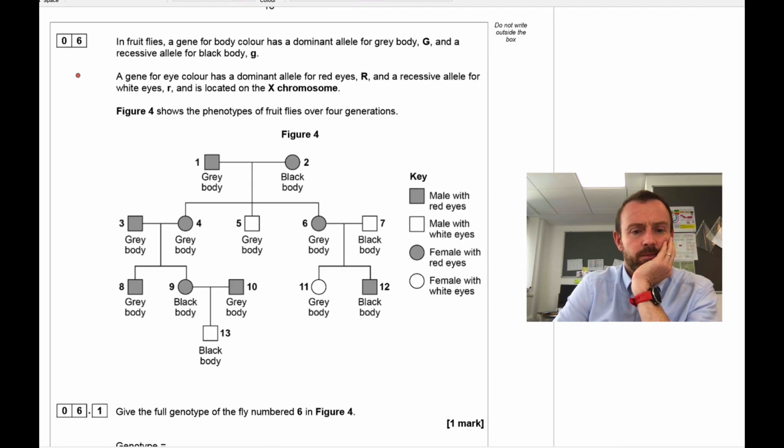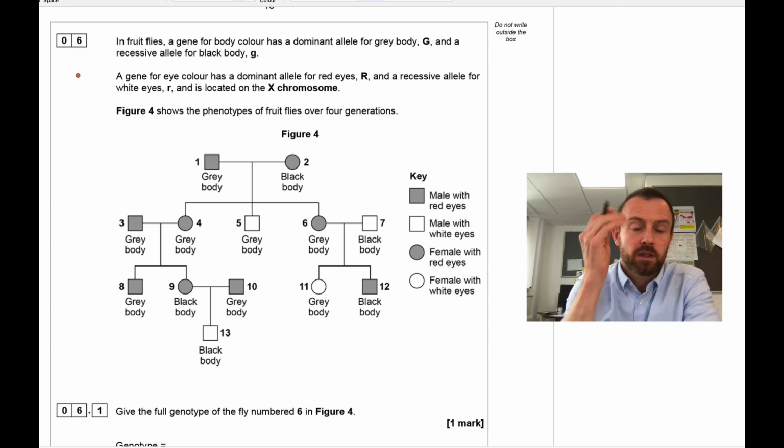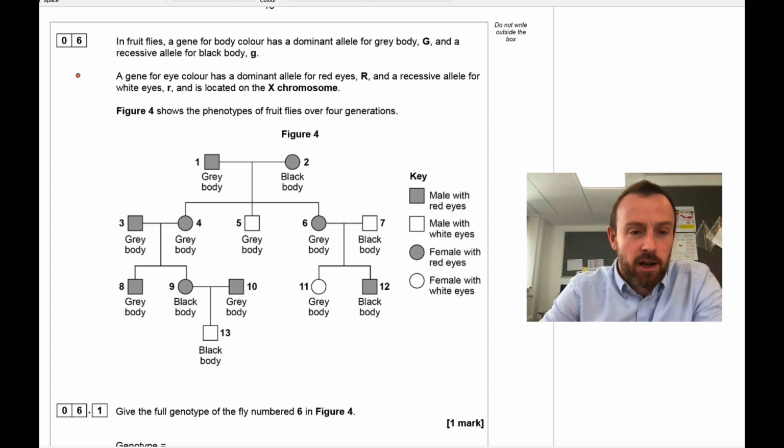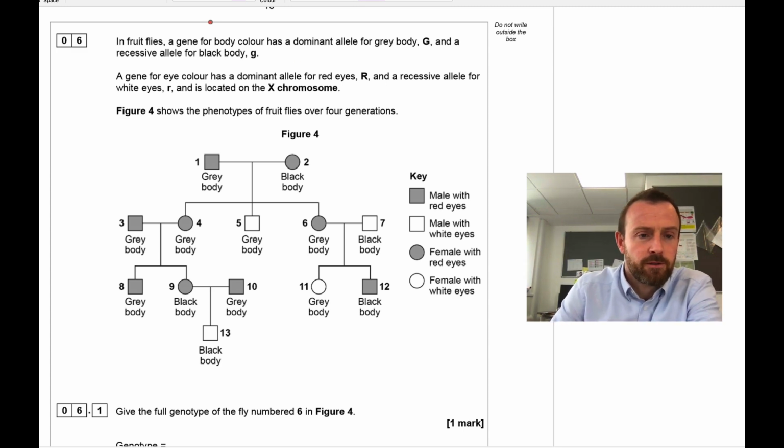Question 6. Ooh. A pedigree analysis diagram. These ones are fun. Right, okay, in fruit flies, a gene for body colour has a dominant allele for grey body, big G, and a recessive allele for black body, little g. Big G is grey, small g is black.